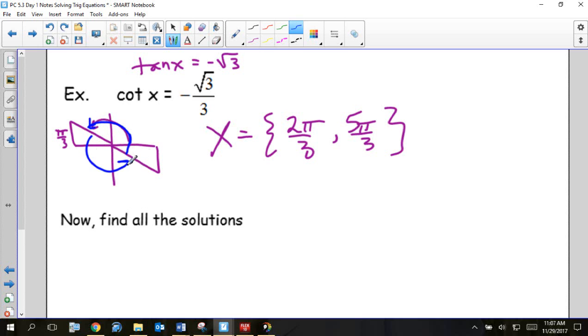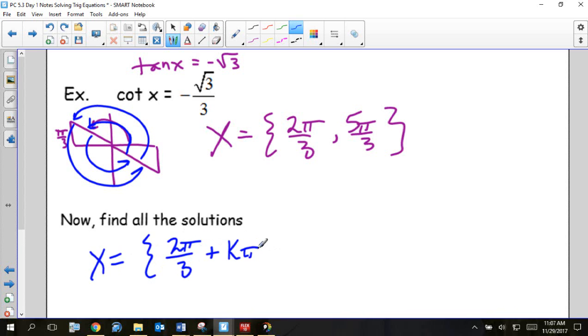So if I add pi on every time, I'm going to end up at one of those sides. So for all solutions for this one, I would just do 2 pi over 3 plus k pi, where k is an integer. And that one would get all of them.